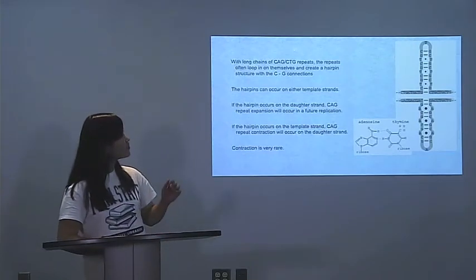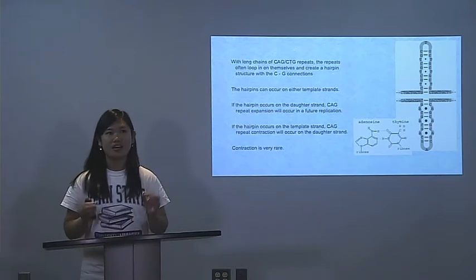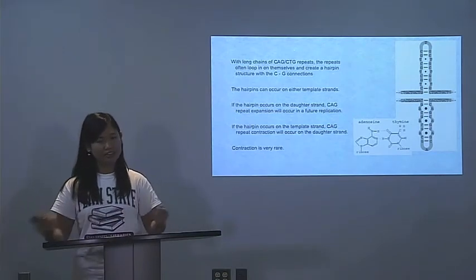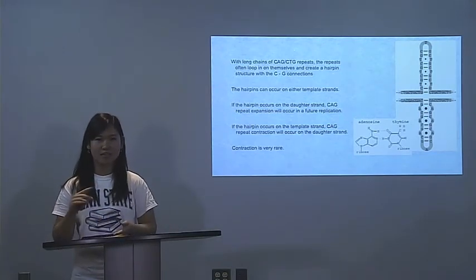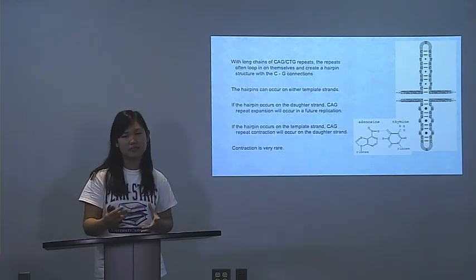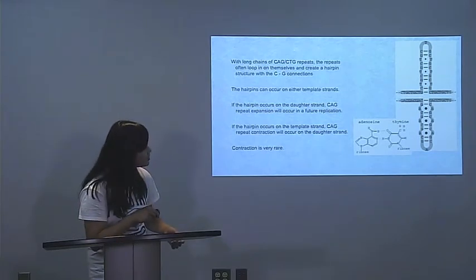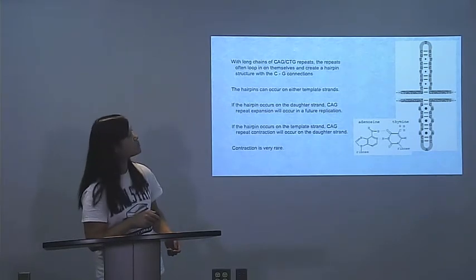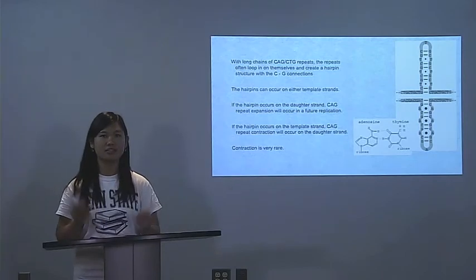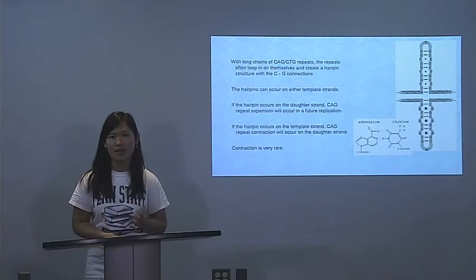Okay, so basically, during DNA replication, helicase comes in and pulls apart the strands, and then DNA polymerase comes in and finds complementary bases to the template strand. When it reaches these CAG and CTG repeats, DNA polymerase trips, and researchers are still trying to figure out why they trip.